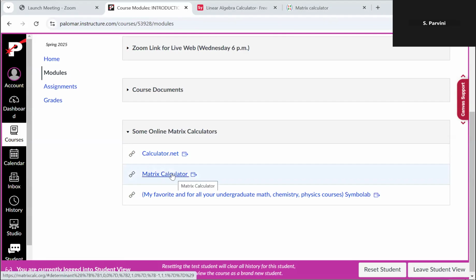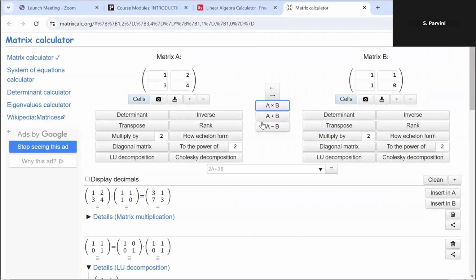When you click on this link, what pops up? There you go. This is what comes up. So I'm going to do B times A. I'm going to multiply a 2 by 2 times a 2 by 2.